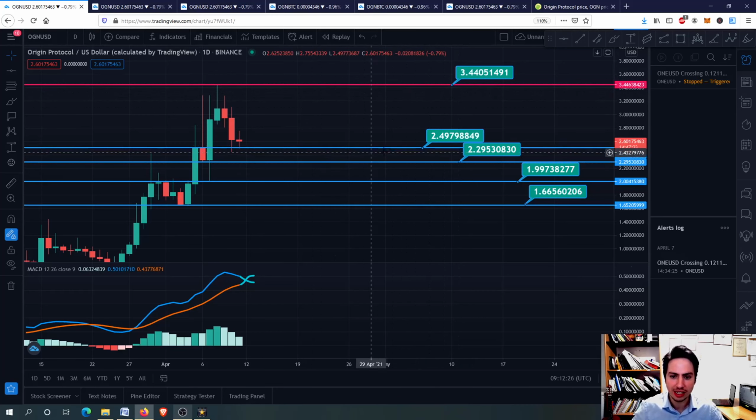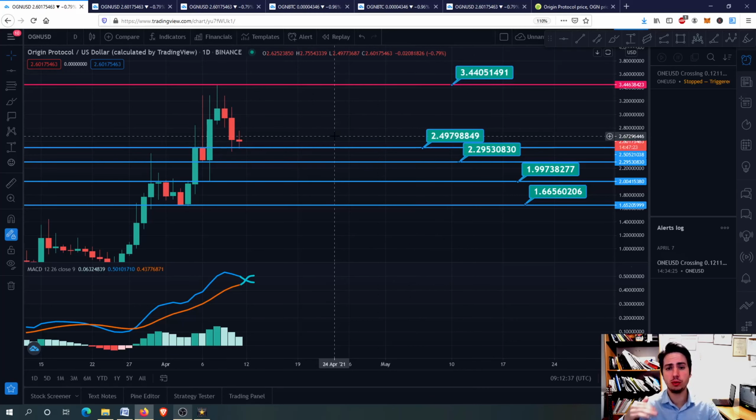We need to see and maintain this major support level, which sits at around 2.4949 USD. It might be 2.50, 2.51, 2.48. You can understand, guys, we cannot have an exact prediction for the support level.